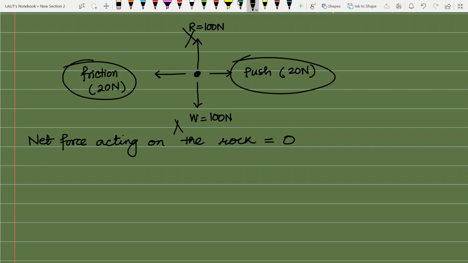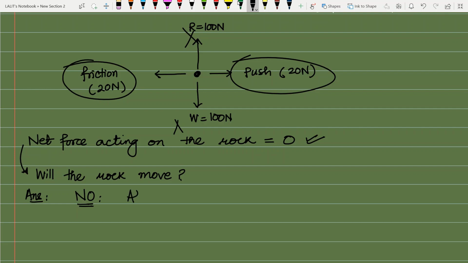Because the net force acting on the rock is 0, what do you think, will the rock move or not? The answer would obviously be no. Why?